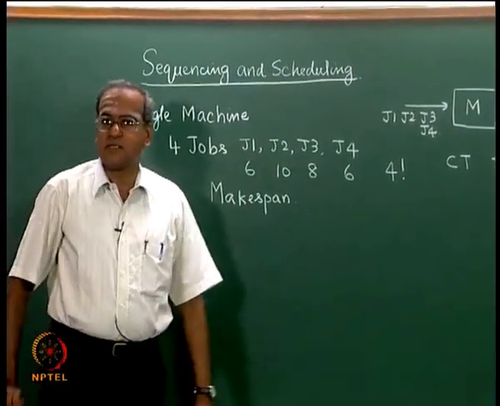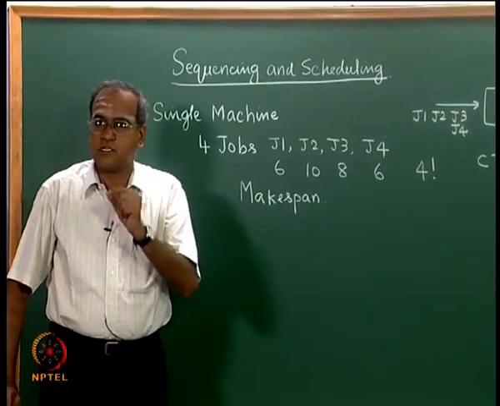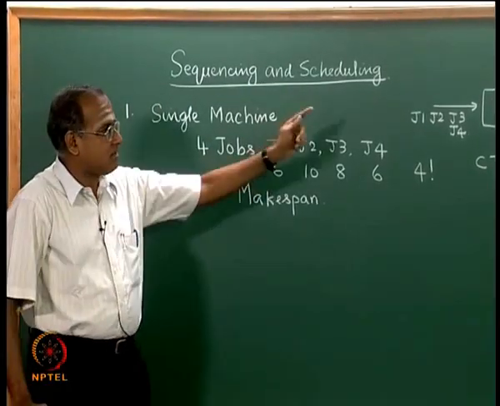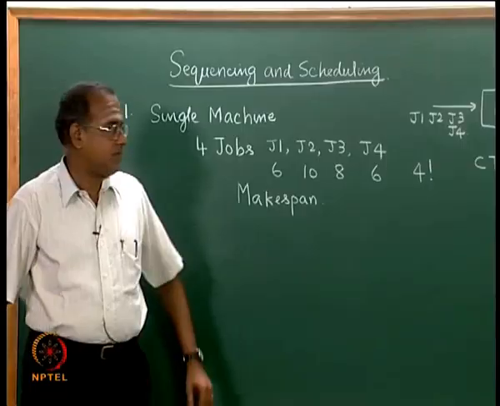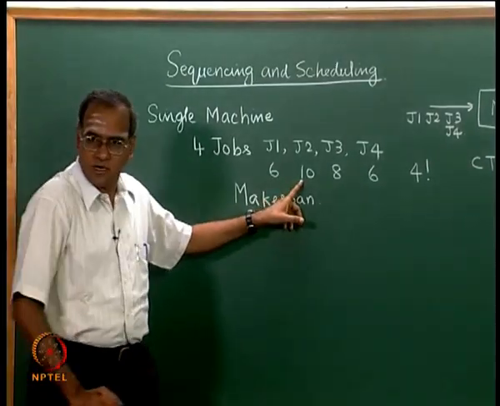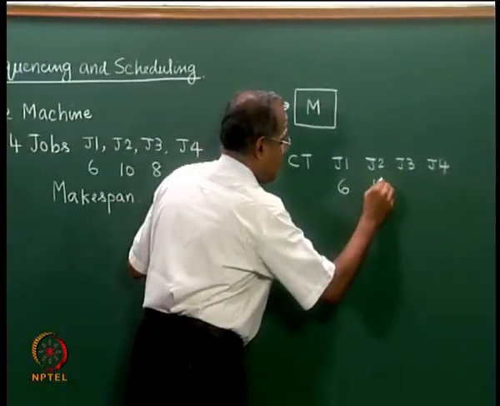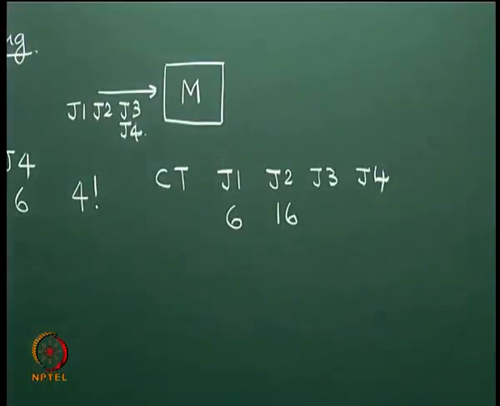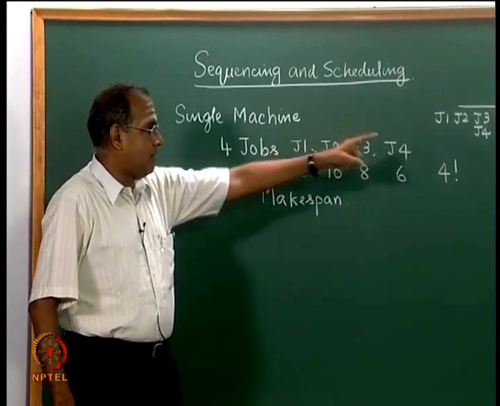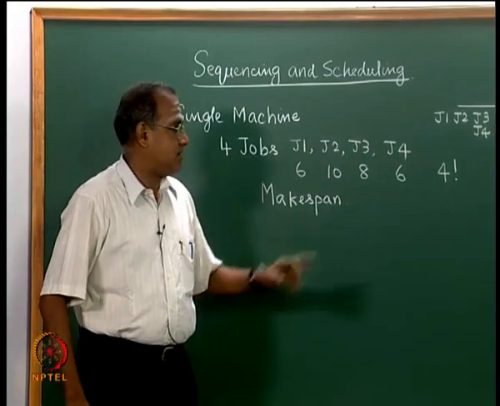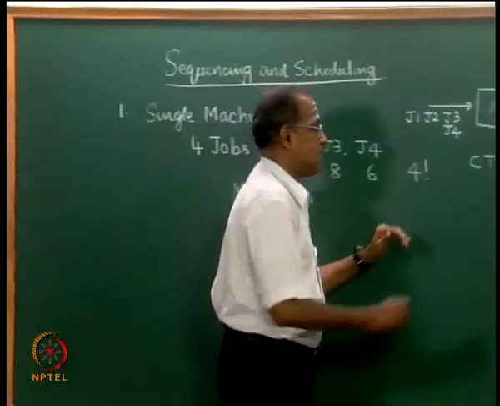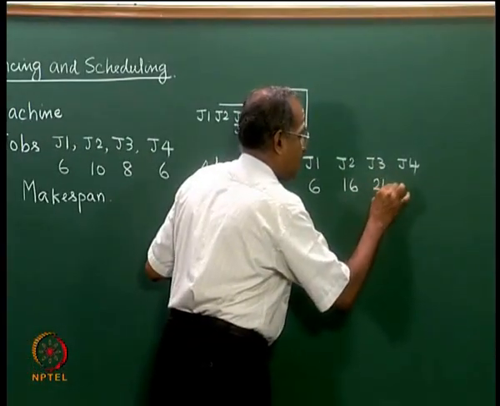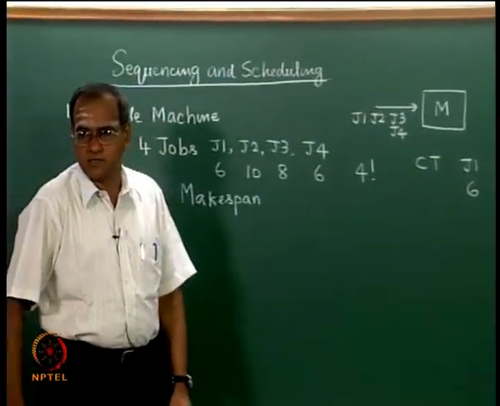One of the assumptions is that the machine can process only one job at a time. So, the machine becomes available at time equal to 6 and then J2 goes and comes out at 6 plus 10 equal to 16 time units. At time equal to 16 the machine is free, so J3 enters. 16 plus 8, 24 is the time J3 comes out.